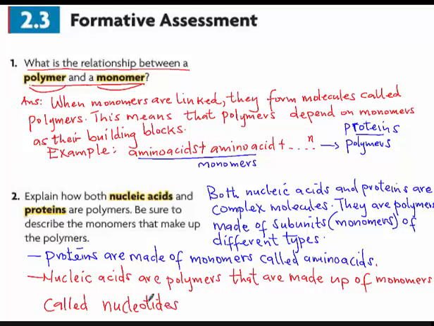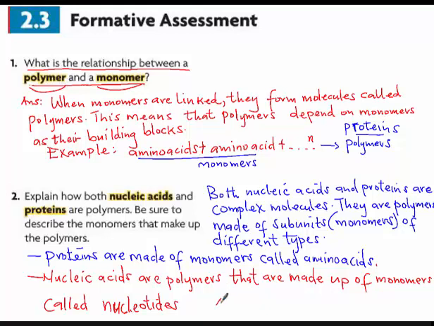So chains of nucleotides will make nucleic acids.